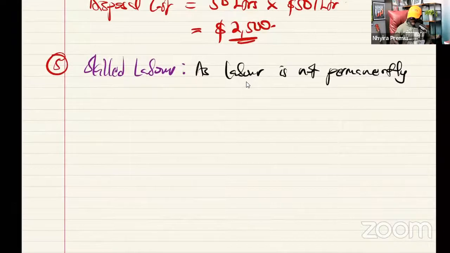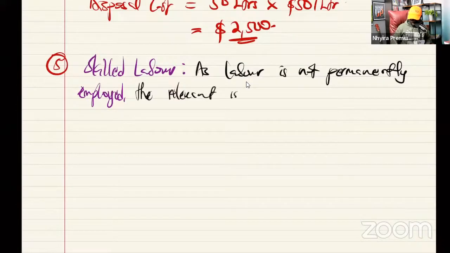So as labor is not permanently employed, the relevant cost is the hourly rate multiplied by the hours.